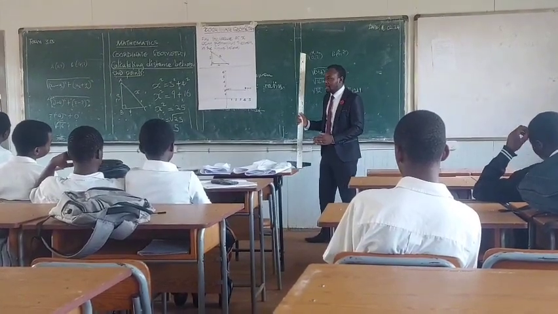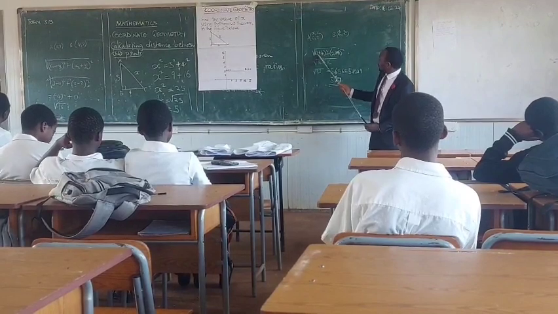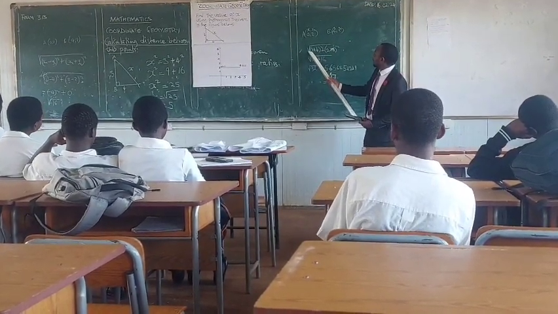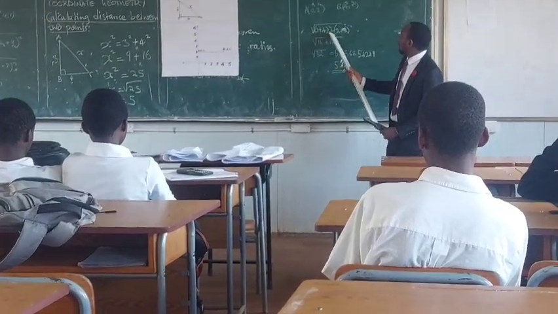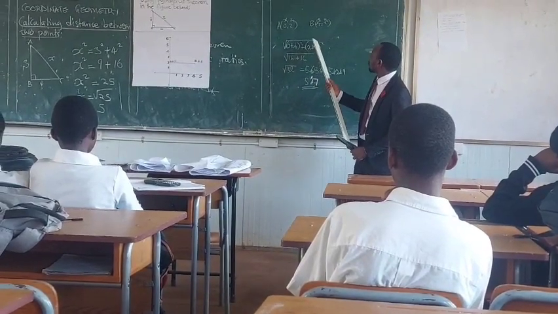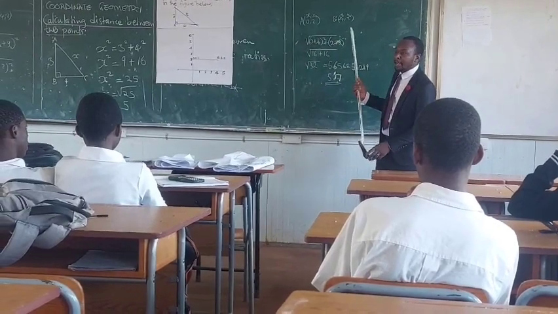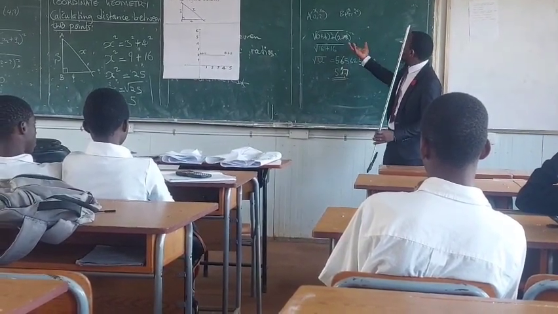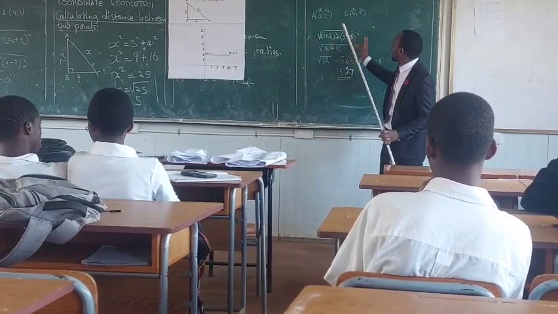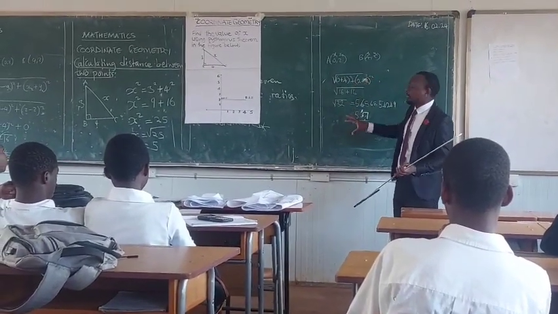What Shikondi has done is add 0 plus 4 in brackets squared, then 2 plus 2 in brackets squared, with the root sign. And she has not told us why she decided to write it in this way.